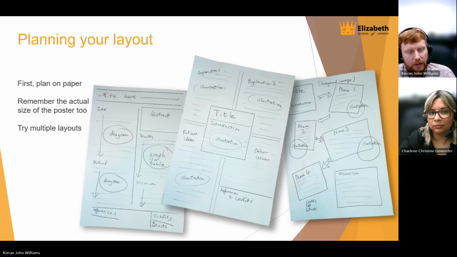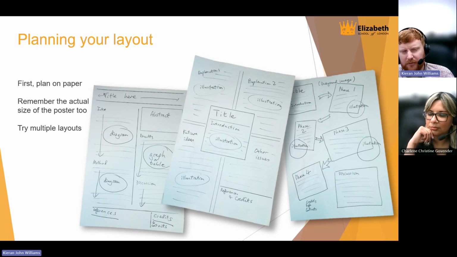You do need to remember that if you're planning it out on A4, it's easy to understand how you would do it for A4. But if your poster is going to be A3, maybe it's best to sketch it out on A3 as well. And don't just focus on doing one layout. Try out a few different types just in case there is something that looks more visually engaging.